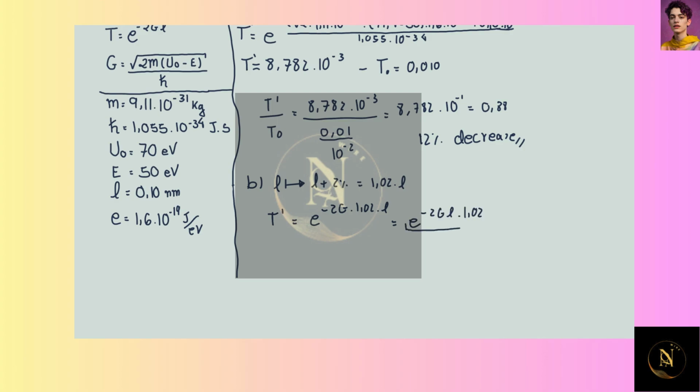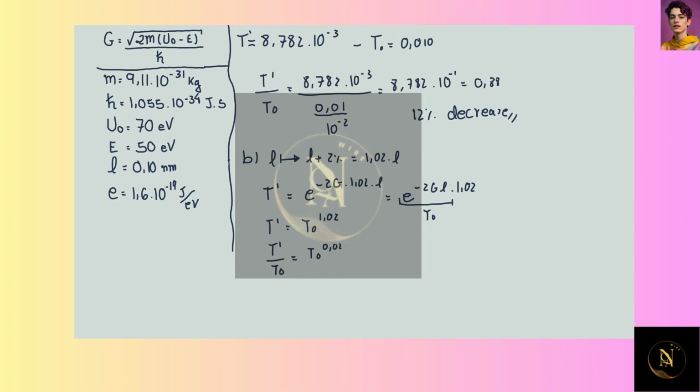Note that this is just the original transmission coefficient, T0. So T prime is equal to T0 to the 1.02. Therefore, T prime divided by T0 is equal to T0 to the 0.02.